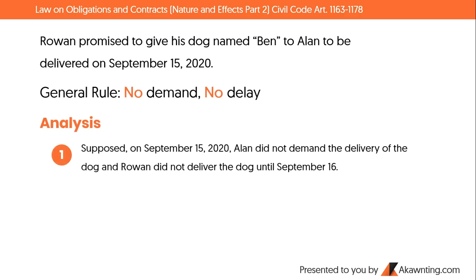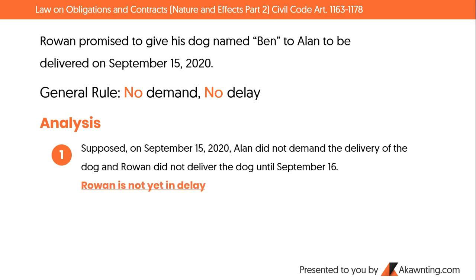So, first analysis, okay, suppose on September 15, 2020, Alan did not demand the delivery of the dog and Row 1 did not deliver the dog until September 16. So, in this first scenario, tanong, meron bang delay dito na na-incur si Row 1? Okay? So, the answer is, there's no delay.